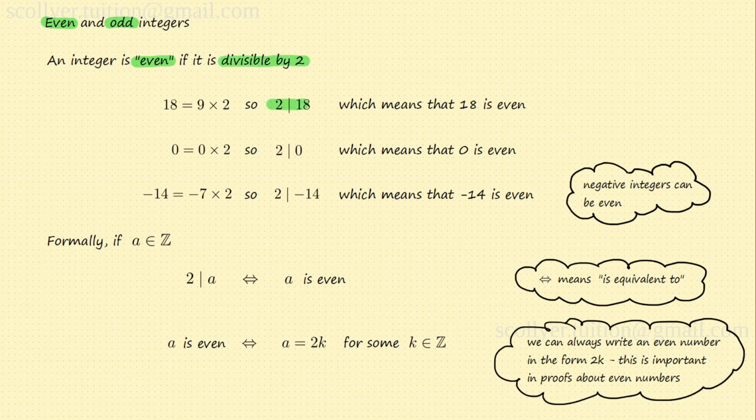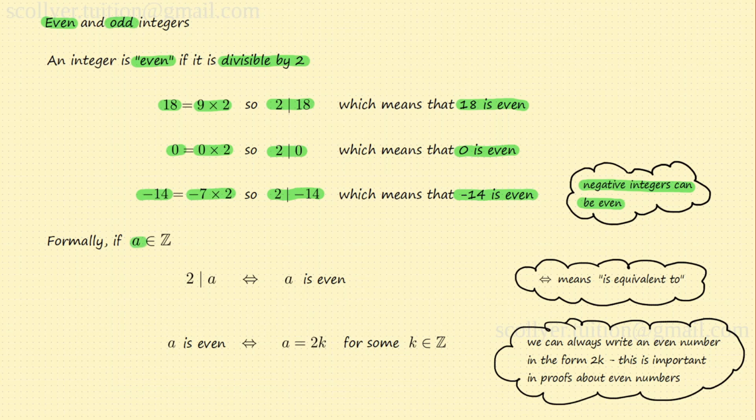So 2 divides 18, since 9 times 2 equals 18, so we say that 18 is even. 2 divides 0, since 0 times 2 equals 0, so we say that 0 is even. 2 divides minus 14, because minus 7 times 2 equals minus 14, so minus 14 is even. And so we note that negative integers can be even.